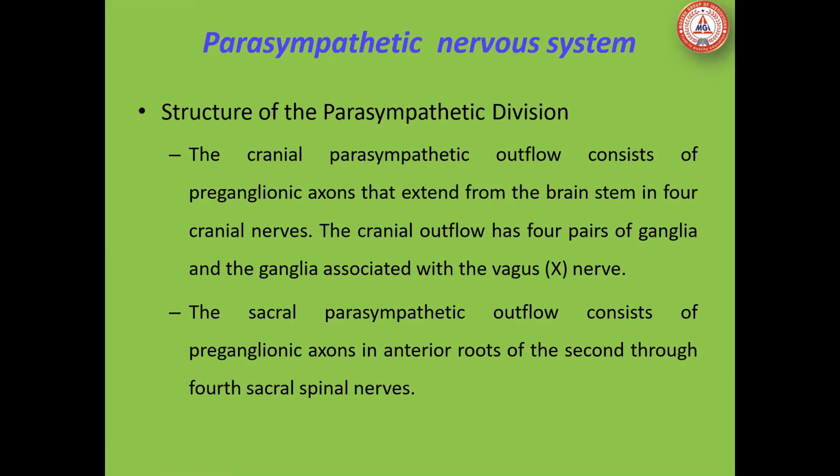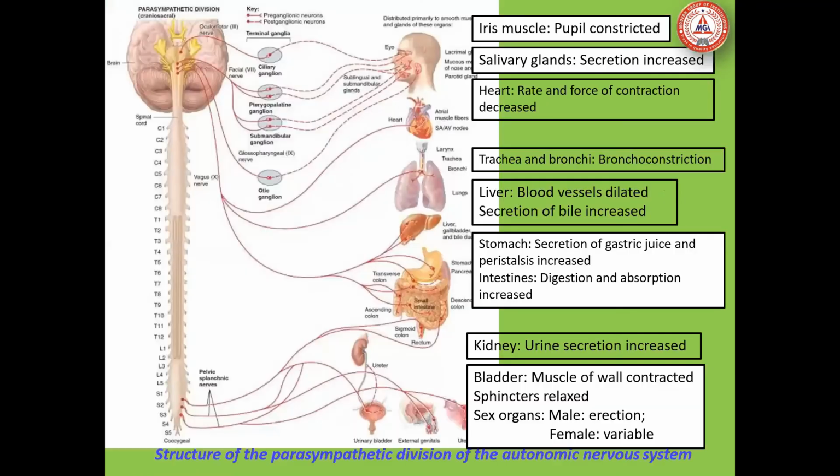The cranial outflow has four pairs of ganglia and ganglia associated with the vagus nerve, that is the 10th nerve. The sacral parasympathetic outflow consists of preganglionic axons in the anterior roots of the second through fourth sacral spinal nerves.